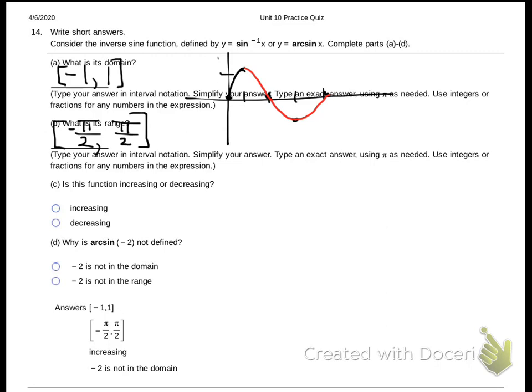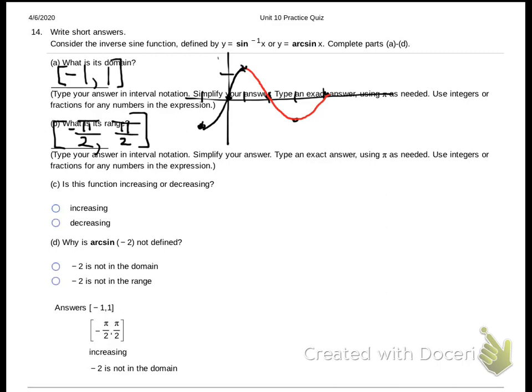So what we did was we only looked here, which is positive pi/2 to negative pi/2. Okay? It's just an explanation. You could just look it up on your word wall. All right, and the ends are included.